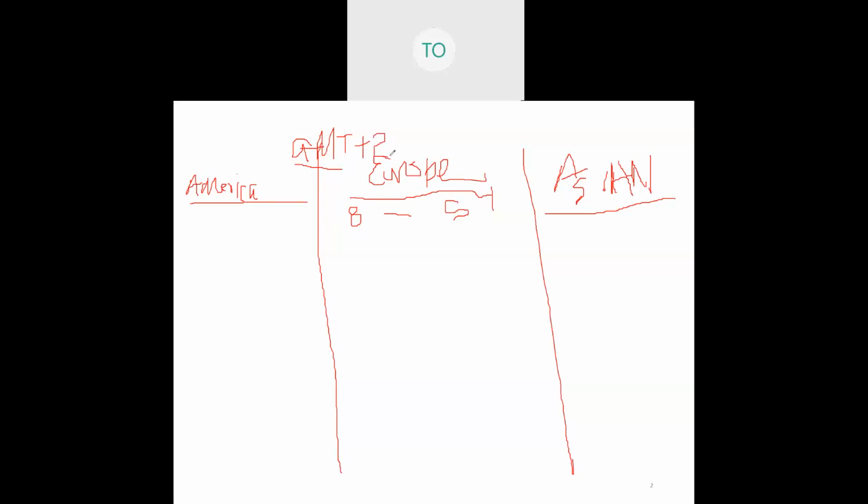Sometimes we are GMT plus 3, sometimes GMT plus 2. During summertime, like now, we are GMT plus 2, which means that even though it's 8 to 5, you can add 2 hours, so that's 10 a.m. till 7 p.m.